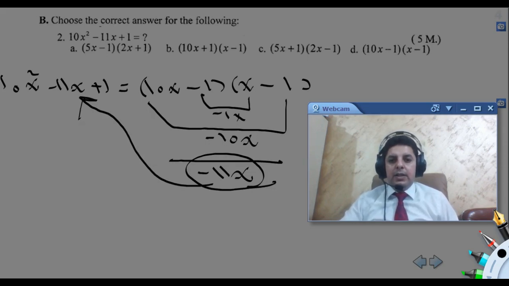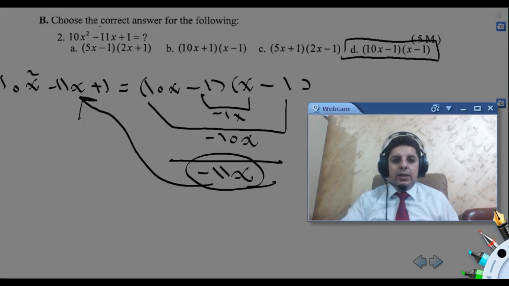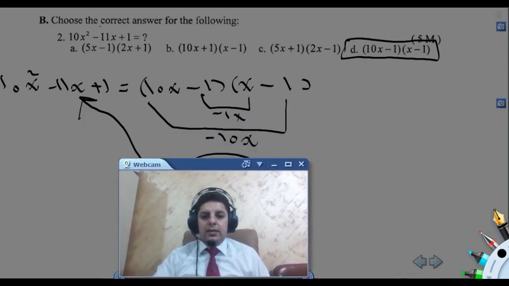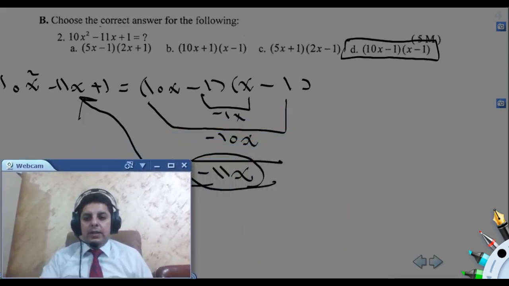Then what choice? Not A, because the sign is different, not B because the sign is different, and not C because the sign is different. Yes, it is choice D. That is the correct answer.